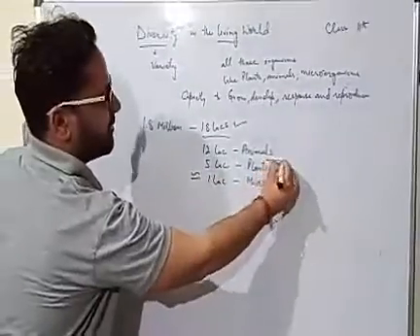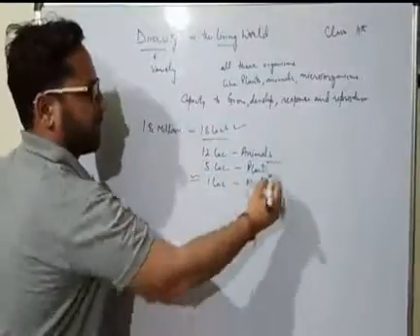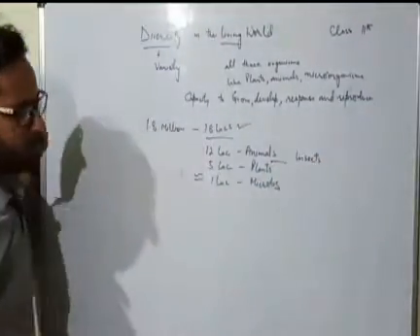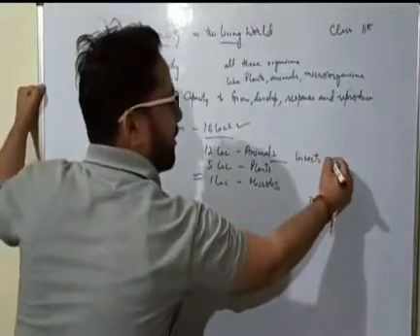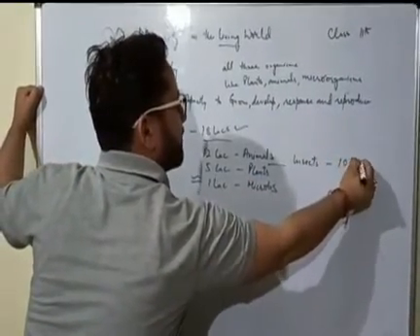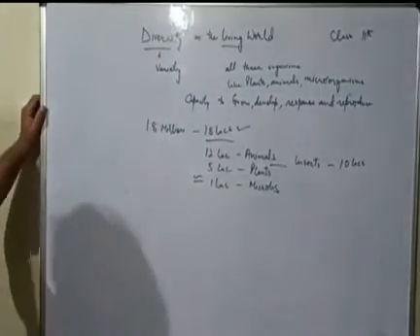Out of these animals, insects contribute the most. Insects contribute more than 10 lakh species to the living world.